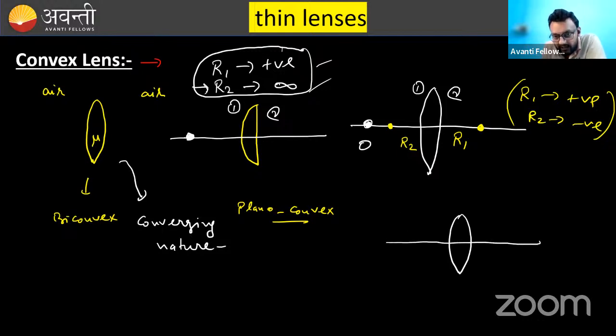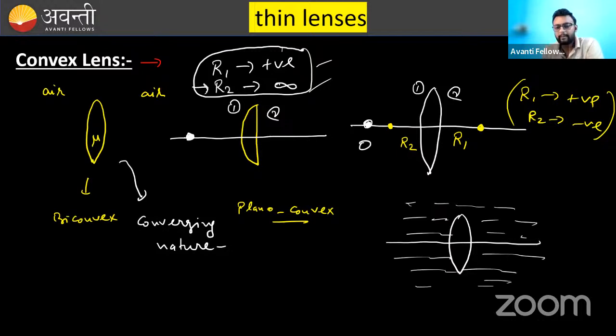and is placed in a medium. Or you can say there will be a question that a convex lens is immersed in a liquid. So that situation I am telling you, suppose this lens is immersed in a liquid like this. Now listen to me.